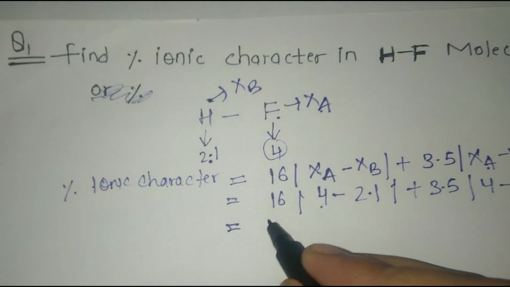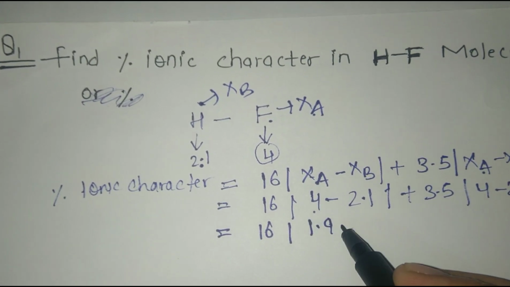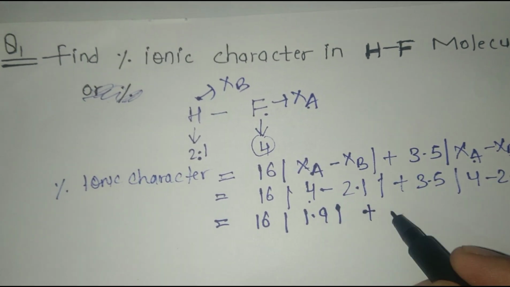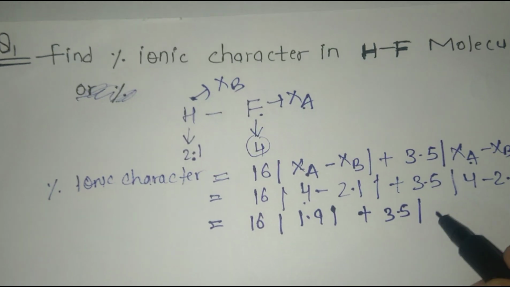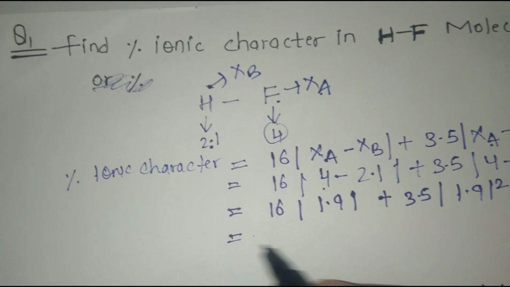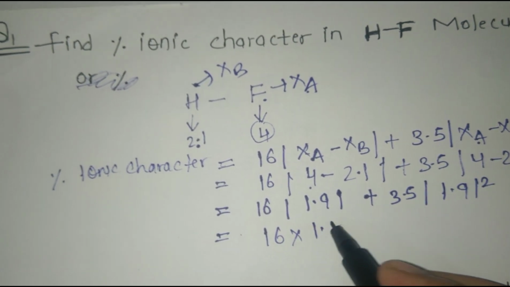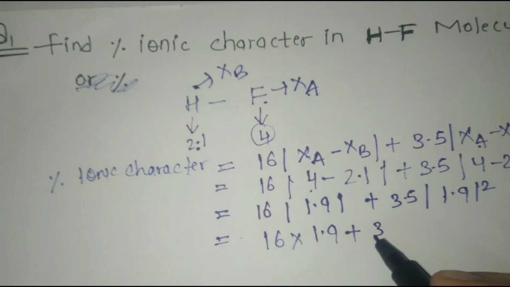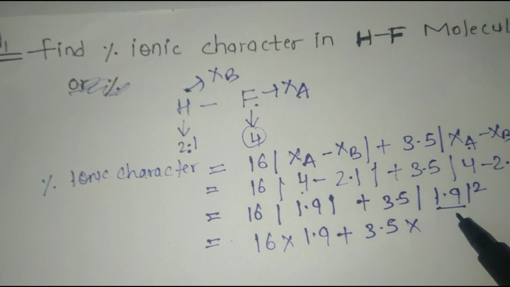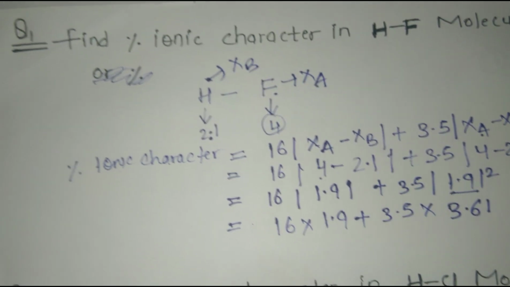Here it comes out as 16 into 4 minus 2.1, which is 1.9, plus 3.5 into 1.9 squared, which is 3.61.